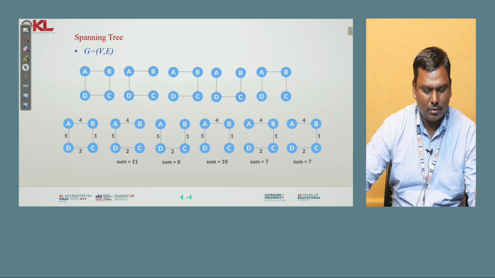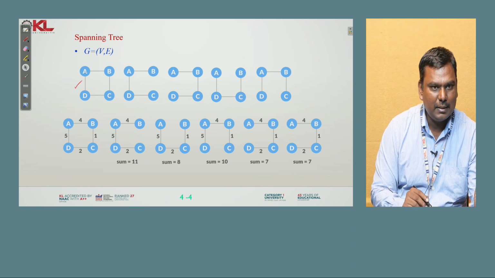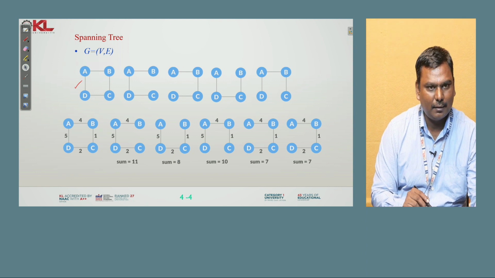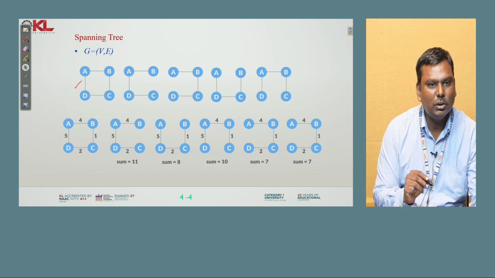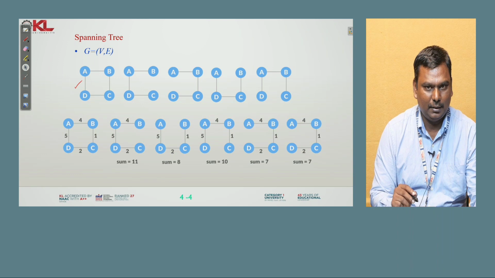Here are the trees. The first one is the first graph, which is an undirected graph. In this undirected graph, what are the possible trees we can connect?